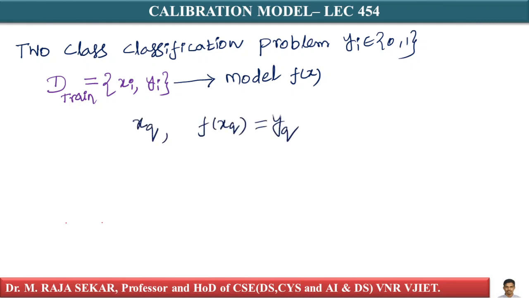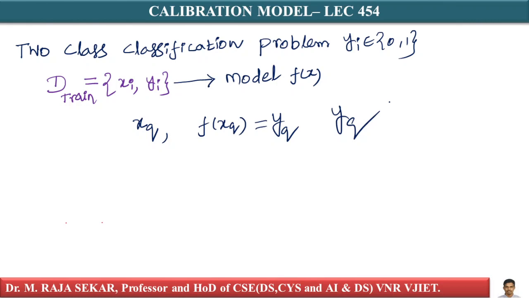Now given a query point xq, what do I get? I get f of xq as my yq, because that's what the model is. Sometimes in the real world, I want to actually use not just the yq value.